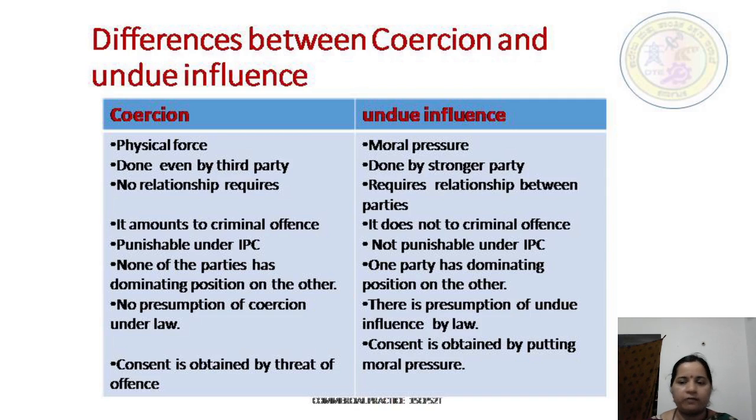Just he can avoid the contract, but he cannot claim for damages. Damages ಅನ್ನ ಕ್ಲೈಮ್ ಮಾಡೋದಕ್ಕೆ ಅಥವಾ ಪರಿಹಾರನ ಕೇಳೋದಕ್ಕೆ ಬರಲ್ಲ undue influence ಅಲ್ಲಿ. ಓಕೆನಾ? So these are some of the differences between coercion and undue influence.